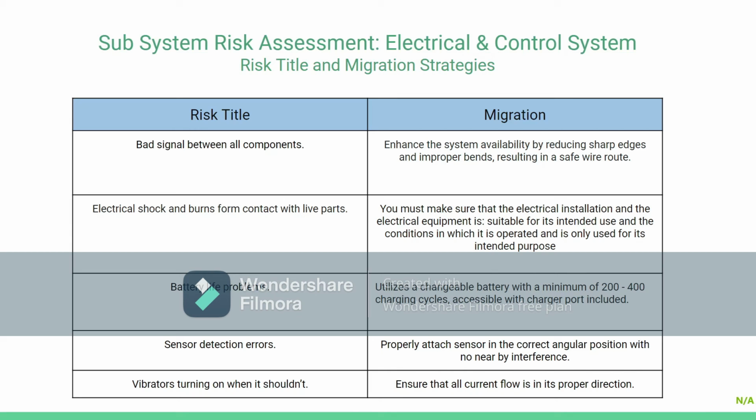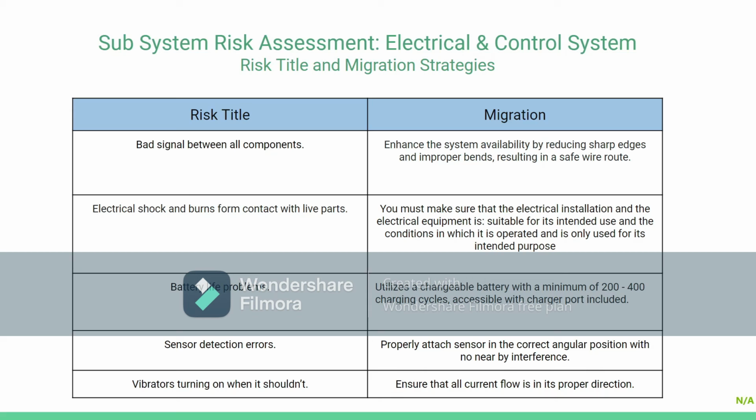The second risk is an electrical shock and burn from contact with live parts. So our mitigation strategy is to make sure that the electrical installation and the electrical equipment are suitable for their intended use and the conditions in which they operate, and are only used for their intended purpose.